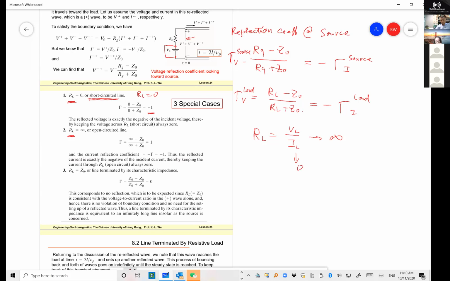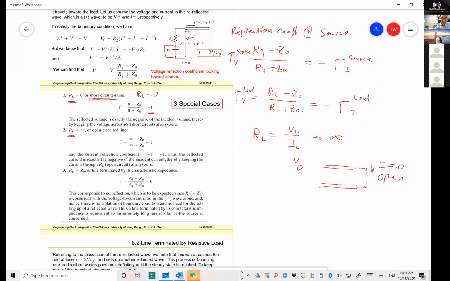That means an open circuit. I connect nothing, the current is 0, and has no place to go. In this case, infinity divided by infinity equals 1. So this is the second special case.